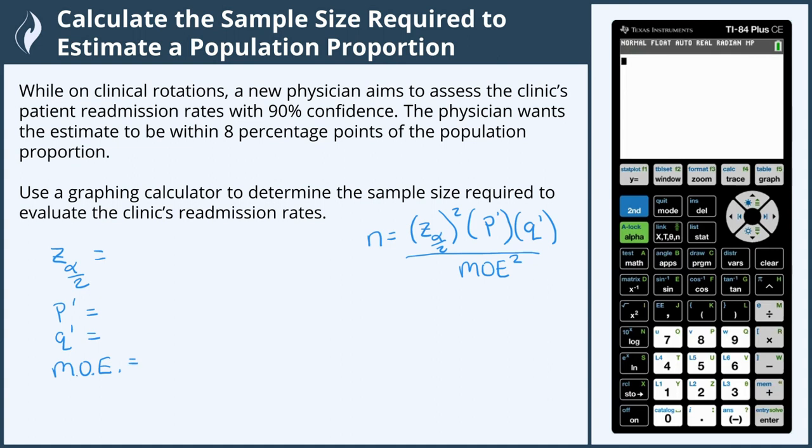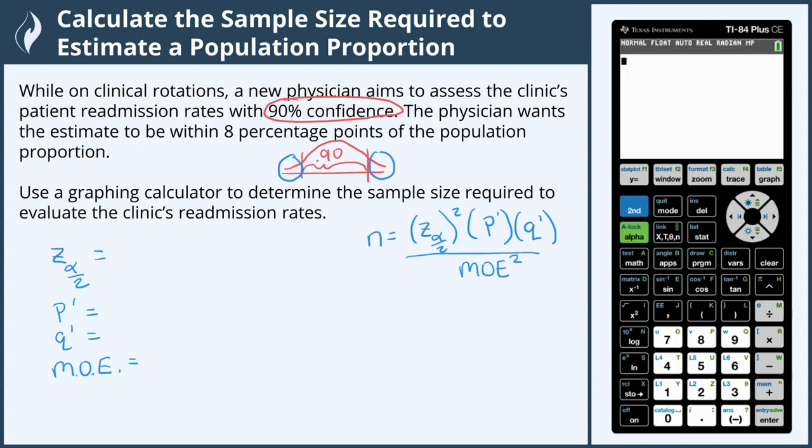To find the z for alpha halves, let's look at the confidence that we have. A 90% confidence shows that it's in between two values, 90% between these. And so our alpha is the outside proportion, and so that's here and here.